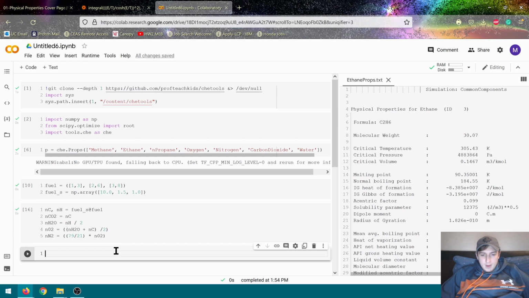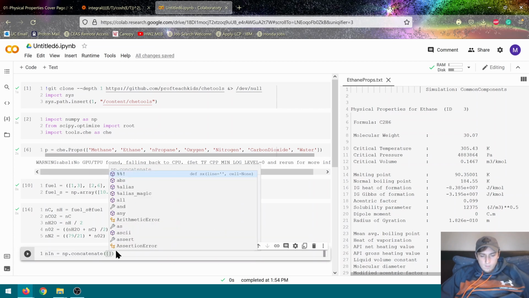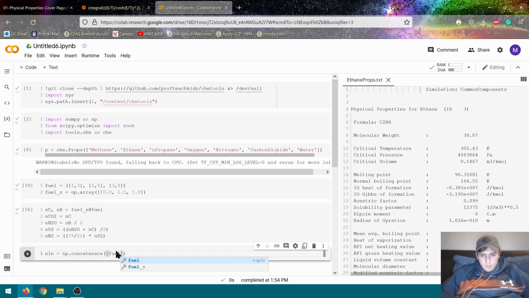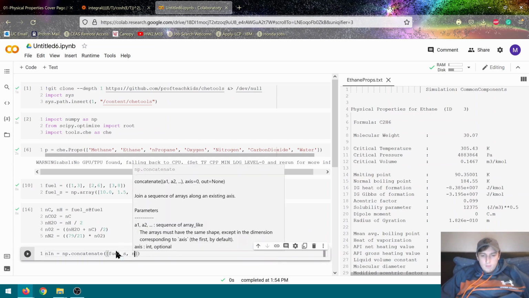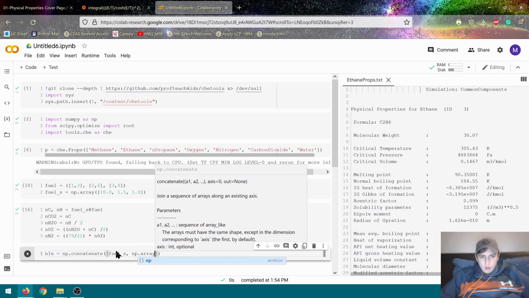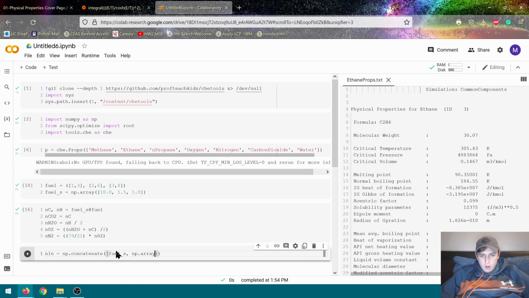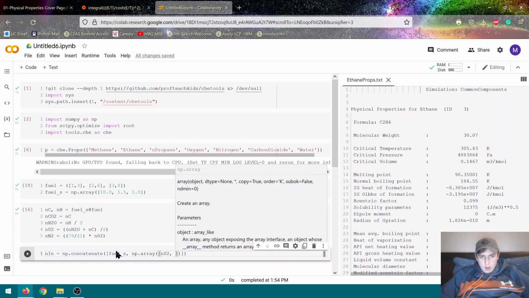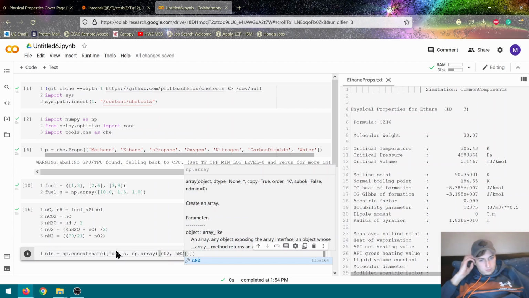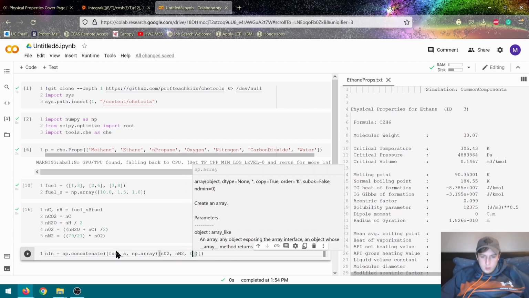So we're going to say NN is equal to np.concatenate, fuel_S, and then np.array, and we're going to bring in NO2 and N, and we are going to set those equal to 0.